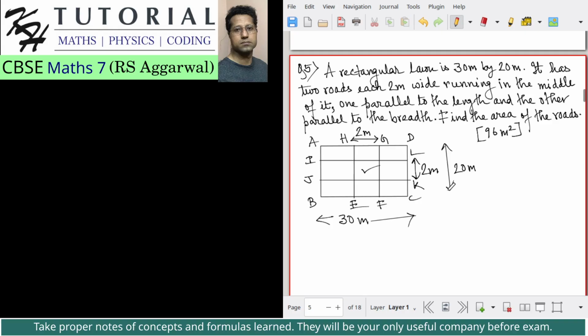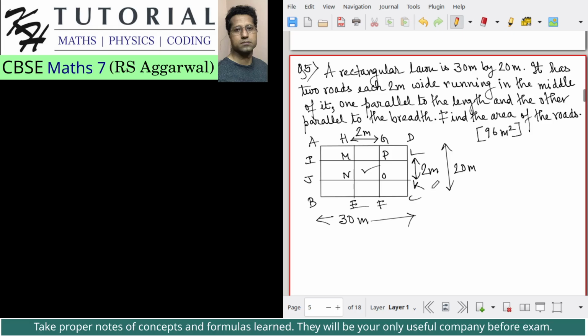Let's say the point of intersection of the roads are M, N, O, P. So the 2 roads are having a common rectangular region of MNOP that needs to be subtracted from the sum of the area of the roads.